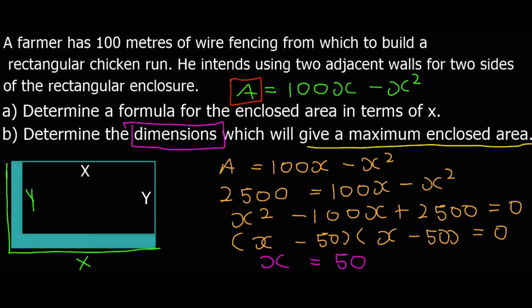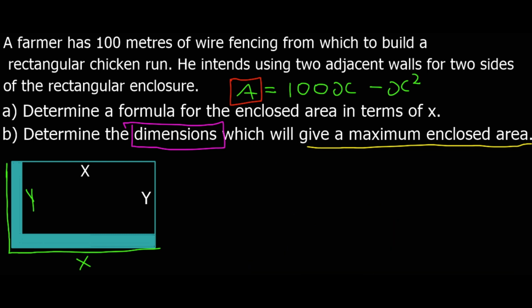Now because we have x, let's see how we can get y. Remember we have the formula for perimeter, P equals x plus y, and our perimeter was 100. So where we have 100, and x is 50, now we want y.